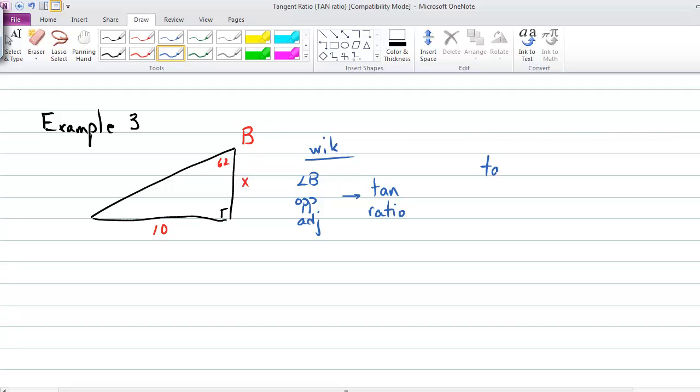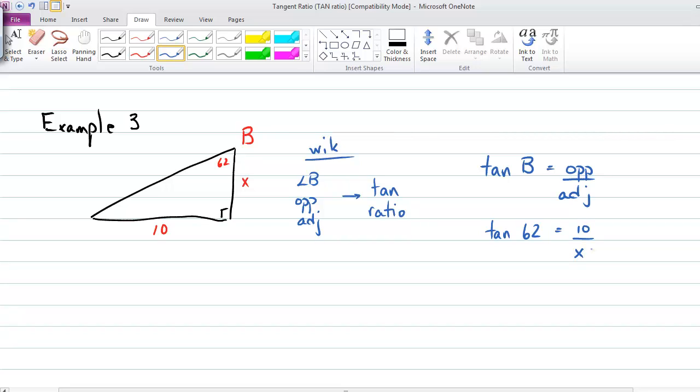And the tangent of angle B, remember the angle is just a name, is equal to the ratio of the side opposite angle B to the side adjacent to angle B. And now it's just a matter of plugging the things in the right place and using my formula. So the tangent of 62 is equal to the side opposite over the side adjacent.